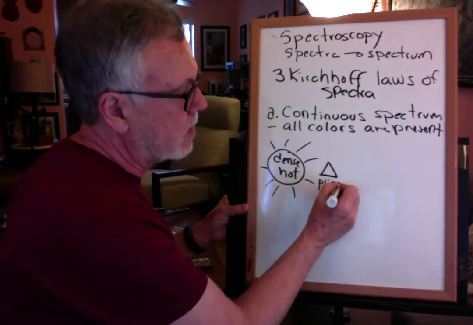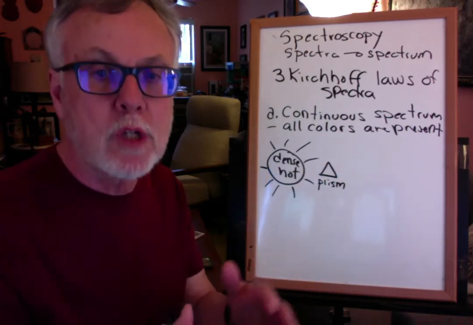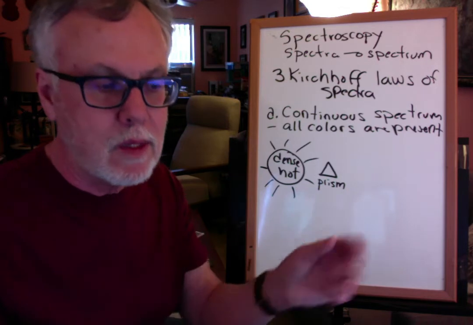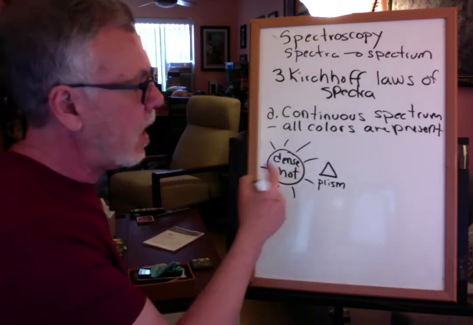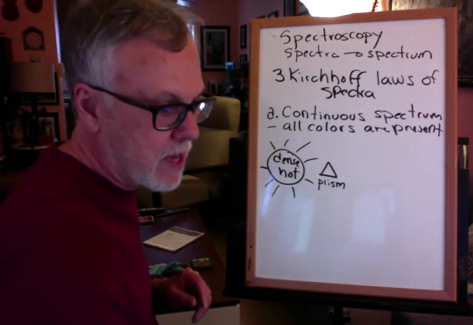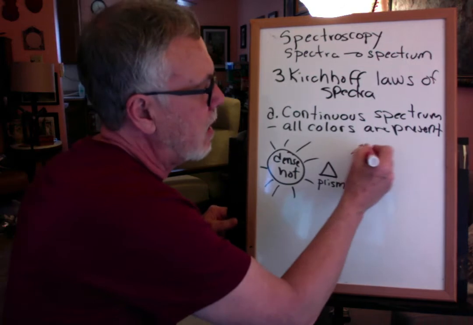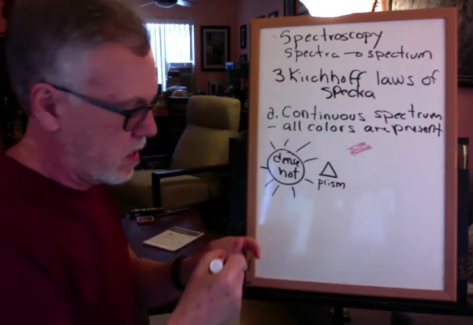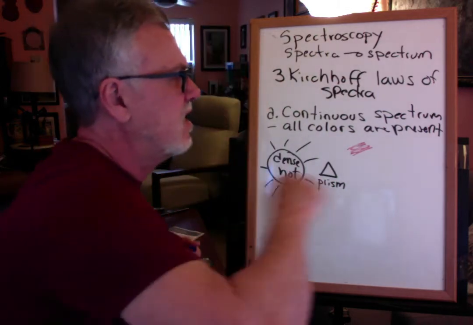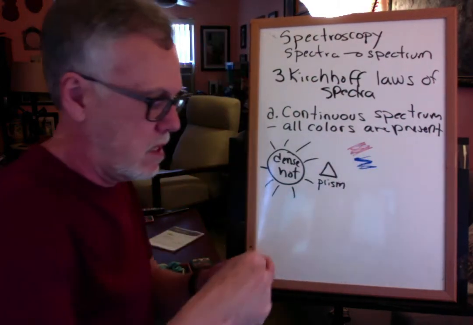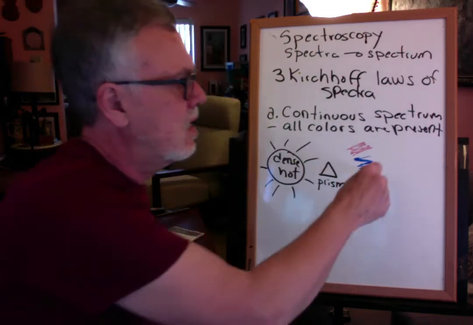When light passes through that prism, it basically spreads it out, or disperses it, into the individual colors of a rainbow. And when you have a dense hot body, when the light comes out, I only have a few colors here, what would happen is we would get red light of different shades. We would have blue lights of different shades, and violet, and green, of course.